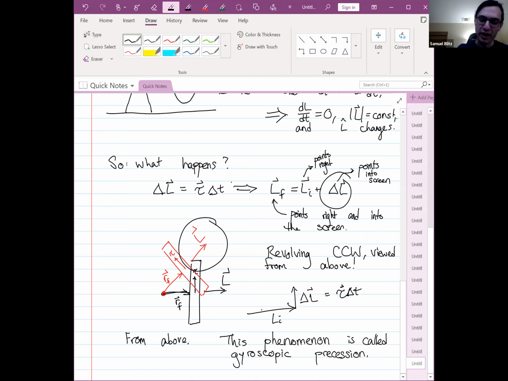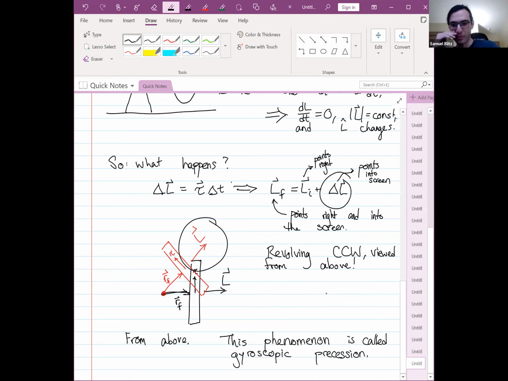And so your resulting vector rotates a little bit. You do that over and over again, and you get that your L_f rotates around. That's what's happening. That's how we get this gyroscopic precession in this direction.